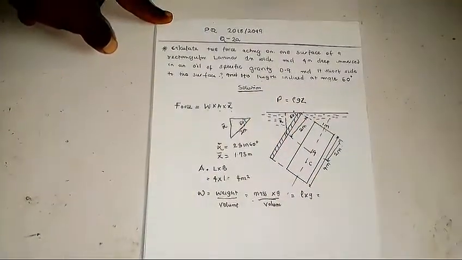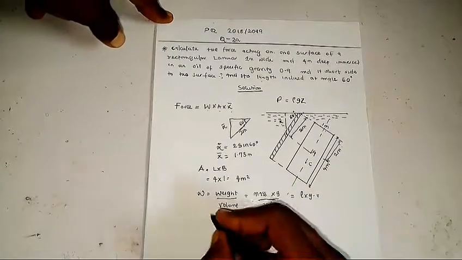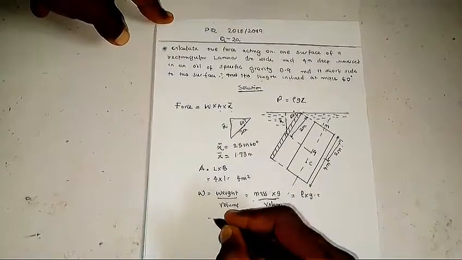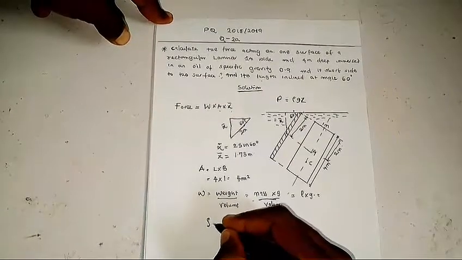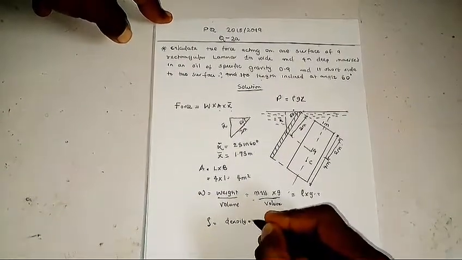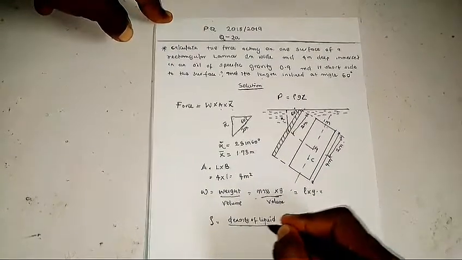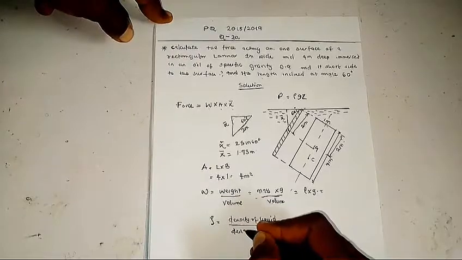So now, to calculate my density, because I need my density, I already know my gravitational constant. You know that specific gravity is equal to the density of the liquid you are looking for divided by the density of water.